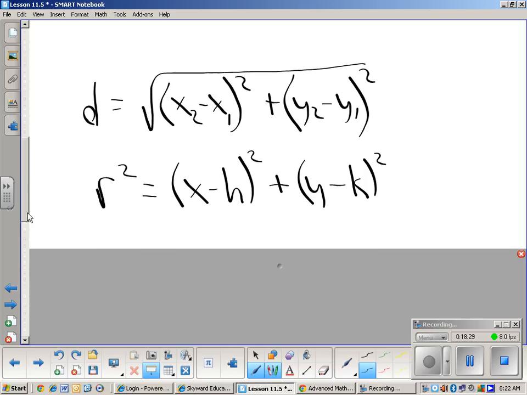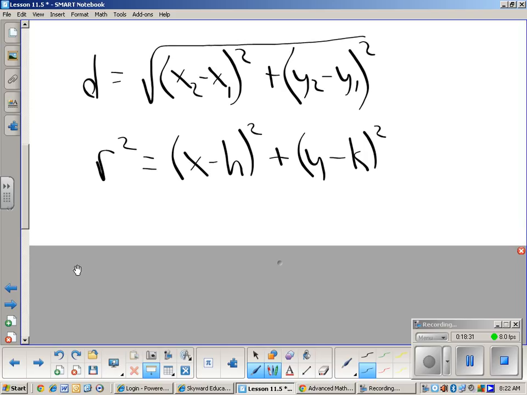If I use this one, I already know the center is 2, -2. And what I need is an xy value. I need one point. Xy represents a point on the circle.